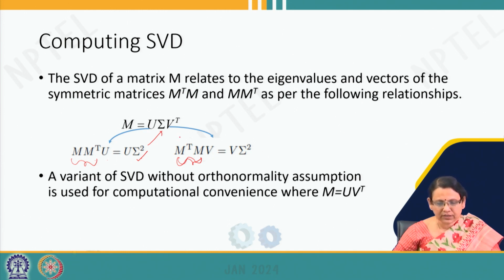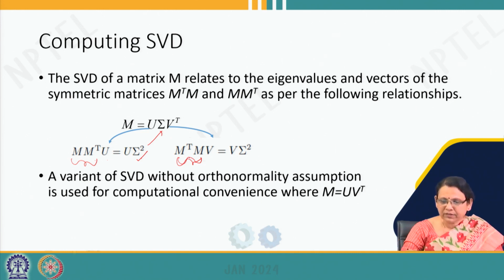Now, the question is, what is the dimension of M transpose M? What was the dimension of M? The dimension of M, in the last example, was 7 cross 5. And M transpose was 5 cross 7.